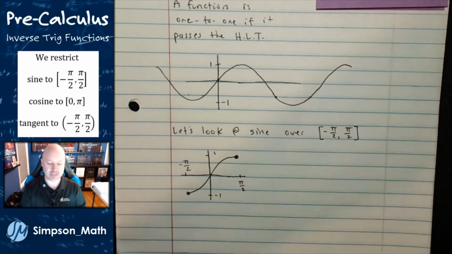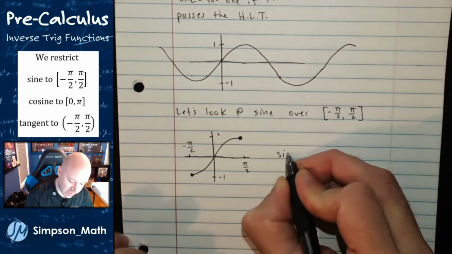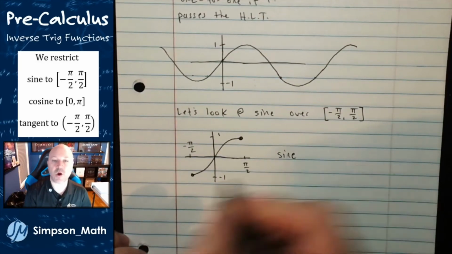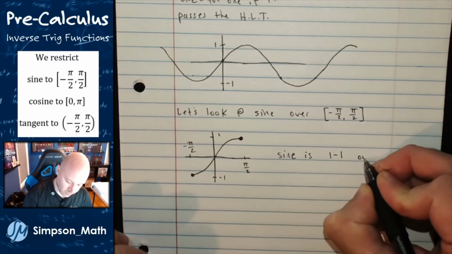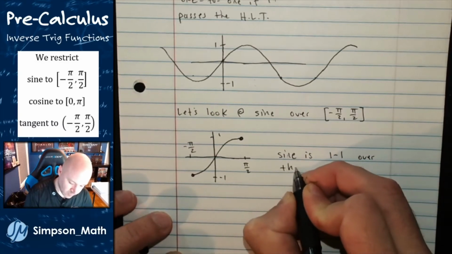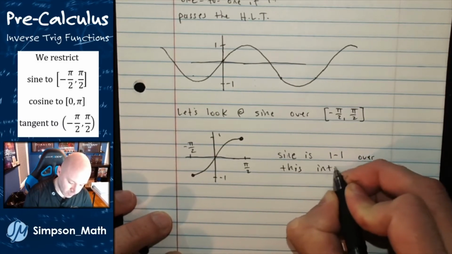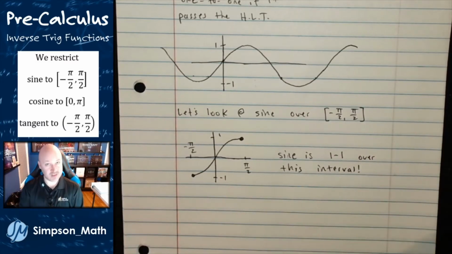We can interchange the inputs and outputs. We say sine is one-to-one over this interval. So sine does have an inverse function.